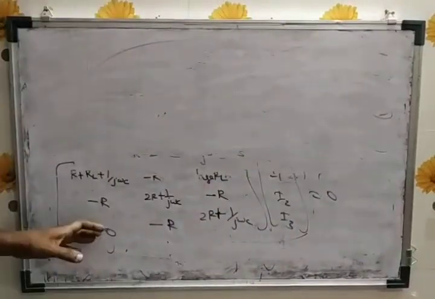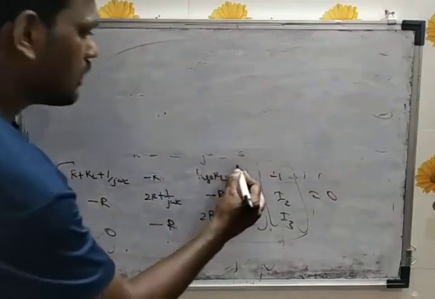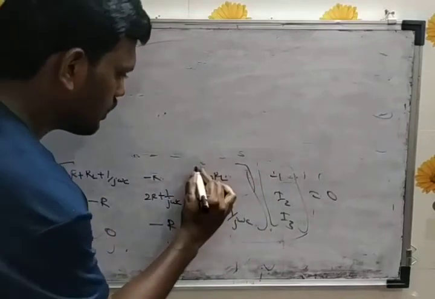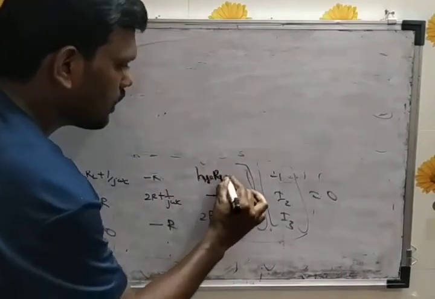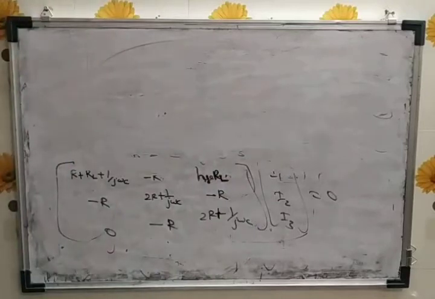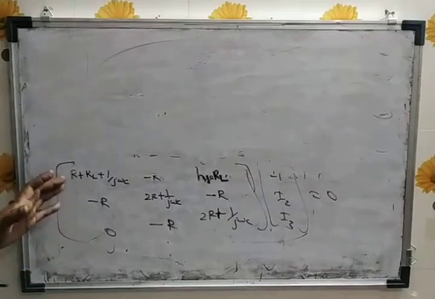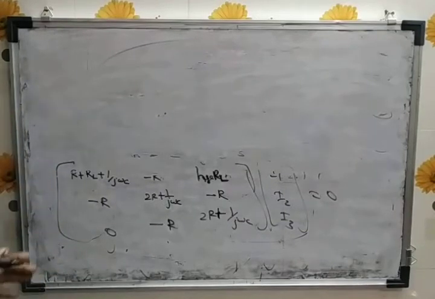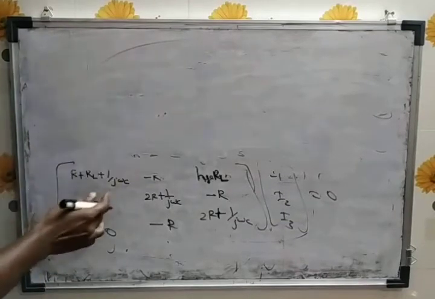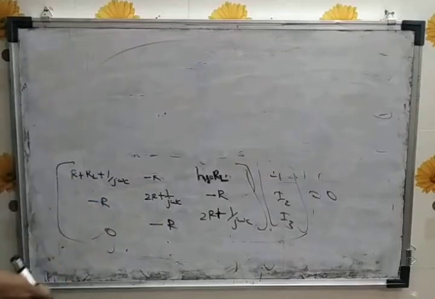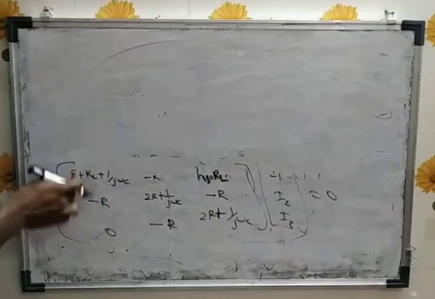This is a little complex derivation, so I am sharing the PDF in our WhatsApp group. Kindly refer to it. To find frequency of oscillation and minimum value of HFE, we equate this determinant to 0.